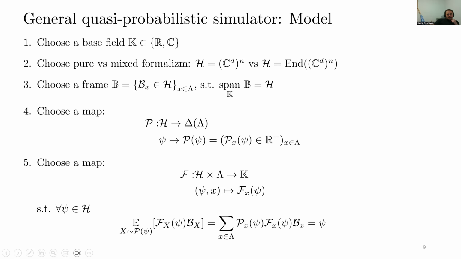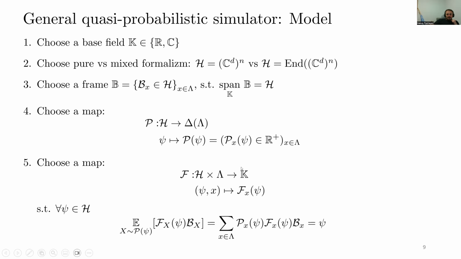Okay, so in addition to choosing a frame, I have to choose a pair of maps. The first map maps elements of the Hilbert space to the probability simplex over our phase space. It takes a psi and maps it to a probability distribution over the phase space. So for every point in the phase space, we get some non-negative real number, and the sum of them is 1.